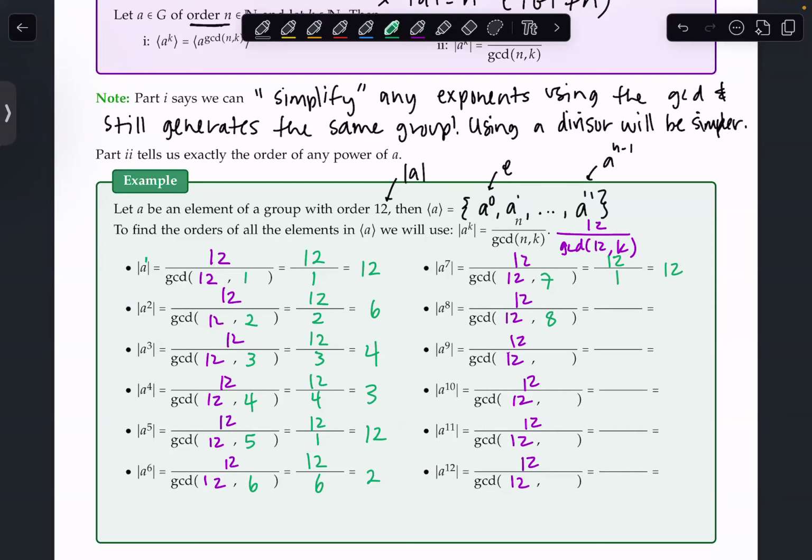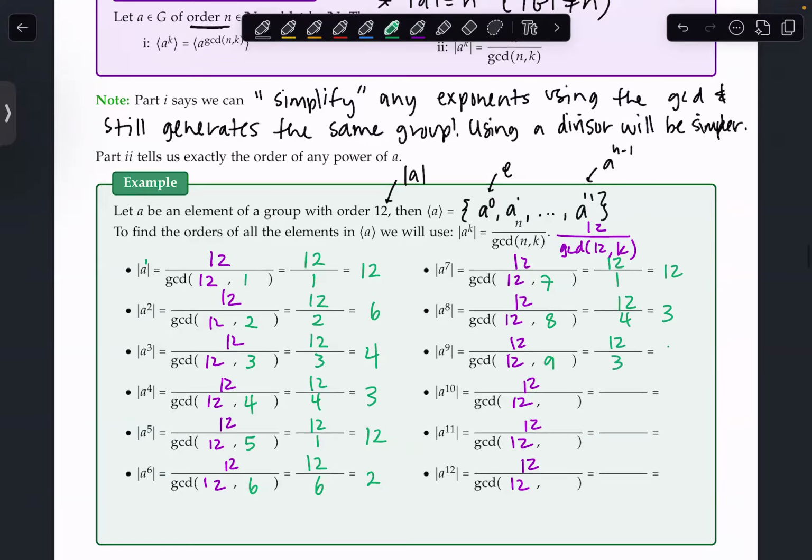They both have a 4 in common and nothing more. So I'll get 12 over 4 or 3. Then I'll have the GCD of 12 and 9. What's that? Okay, so I'll get back 4. GCD of 12 and 10. Yep, so I'll get back 5. GCD of 12 and 11. Okay, so I get back 12.